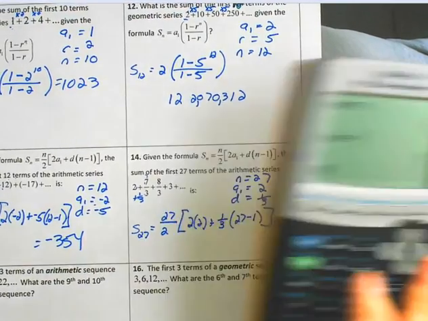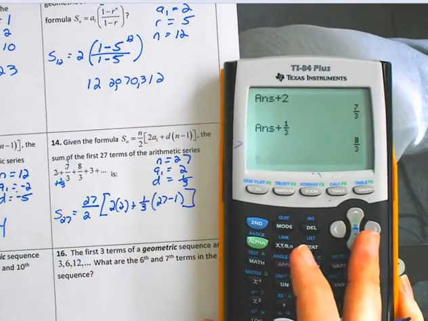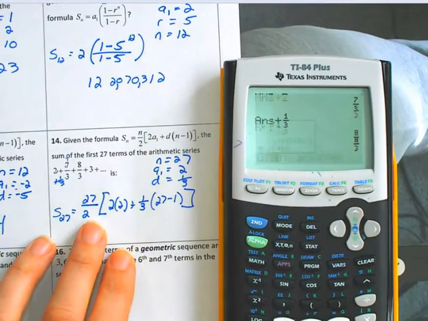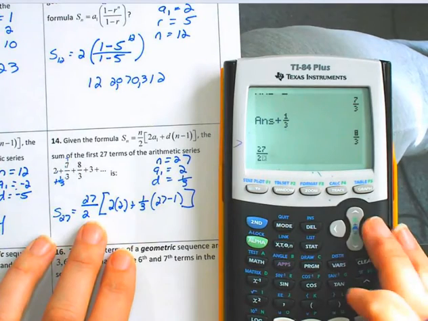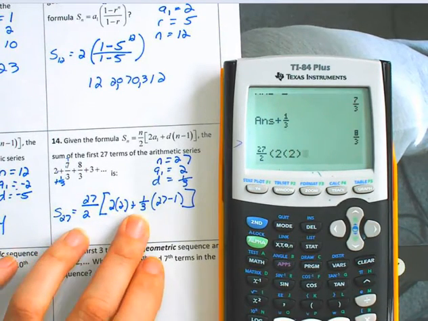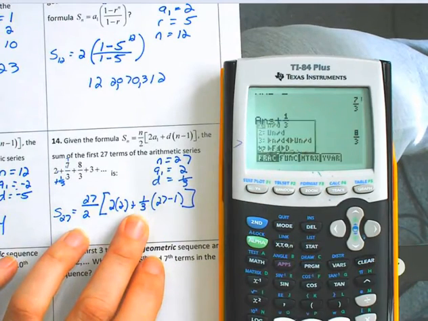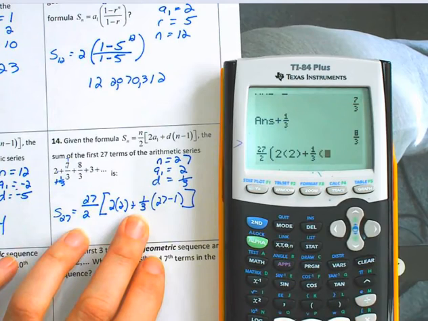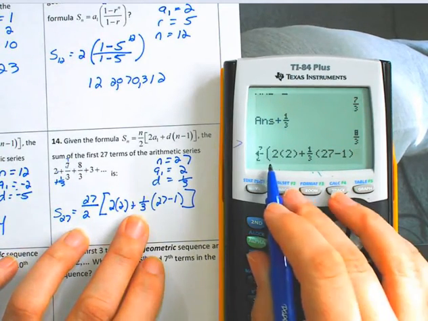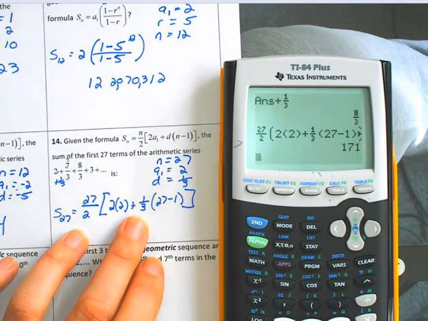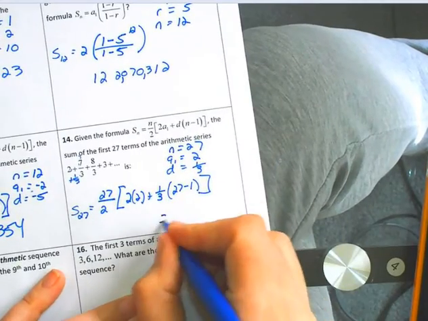I'm going to put that whole thing into the calculator: 27/2, open parentheses, 2 times 2 plus 1/3 times 27 minus 1. Now remember, we opened that original parentheses, so I've got to close it over here. Gives me 171.